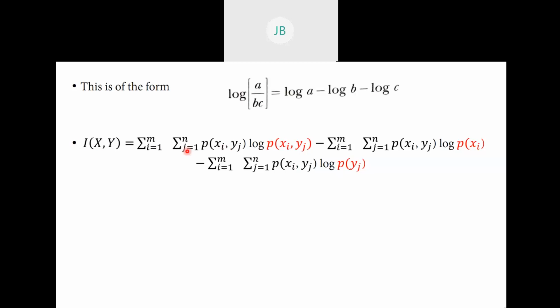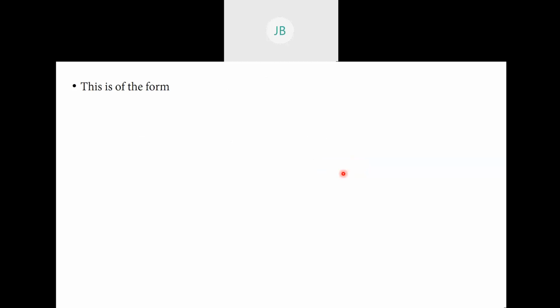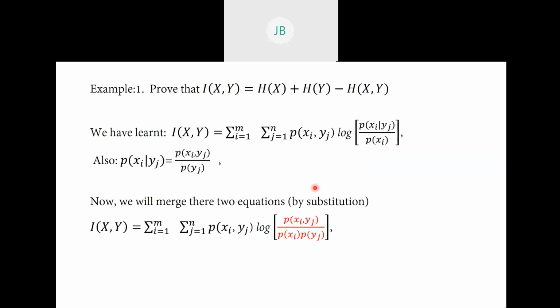I will go back to the previous slide and show you the first term and log of a minus log of b minus log of c. So we have the first term as it is, and log of a, b, and c. That is what we are going to expand here.